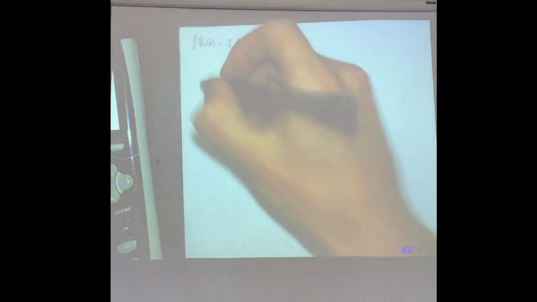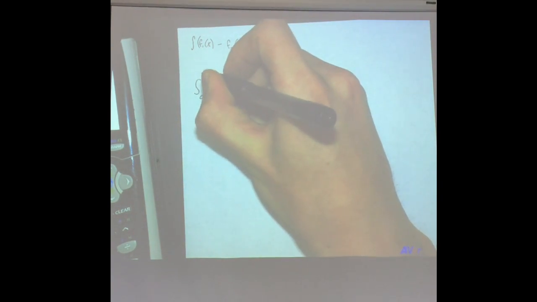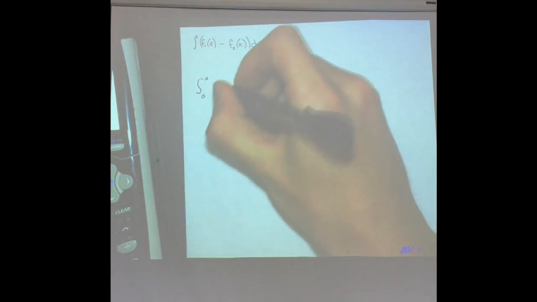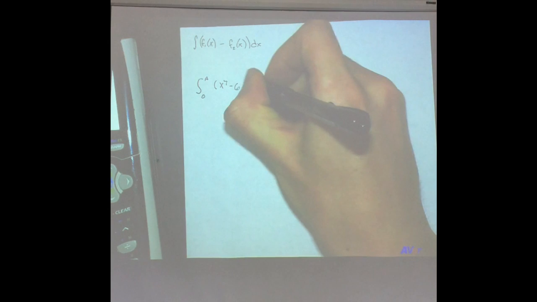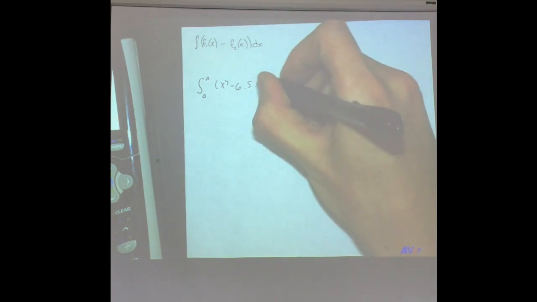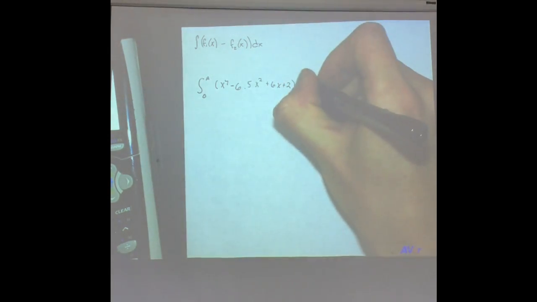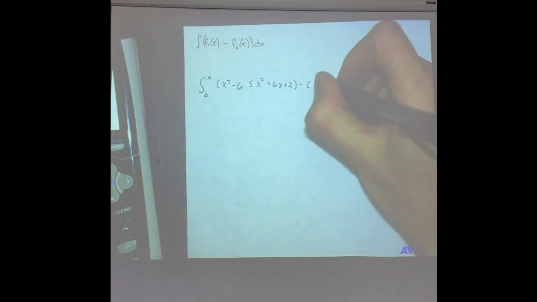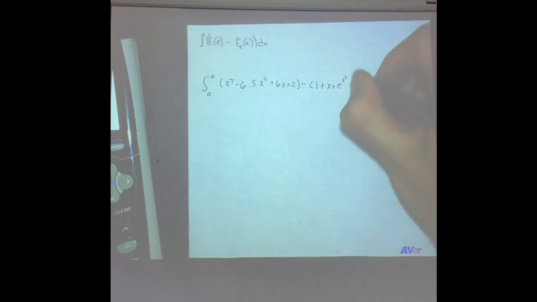So we have one integral here from 0 to point A of our greater function, which in this case is x to the 4th minus 6.5x squared plus 6x plus 2, minus our other lesser equation, which would be 1 plus x plus e to the x squared minus 2x, dx.